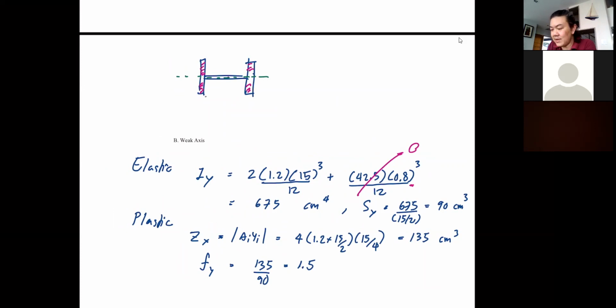Each one of them does not have any benefit from being away from the neutral axis or CG of the section at all. All three elements lined up exactly where the centroid is, so you don't have the AD squared term at all. So essentially we are bending a series of rectangles here. That's why the shape factor is 1.5.